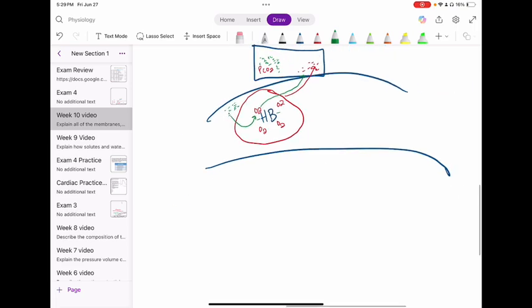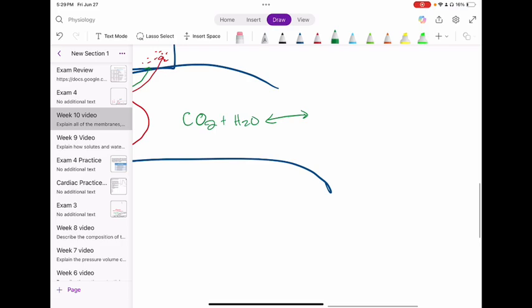So as we're talking about carbon dioxide in the blood, just in general, so this is the formula. So this hydrogen is also important. It can also attach and kick off one of the oxygens.